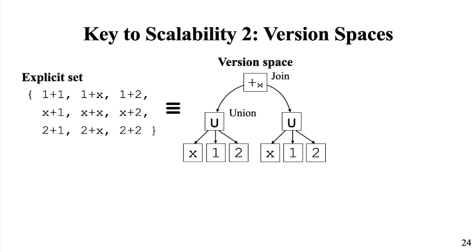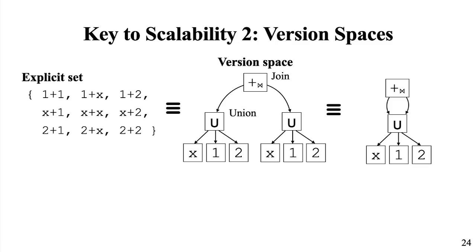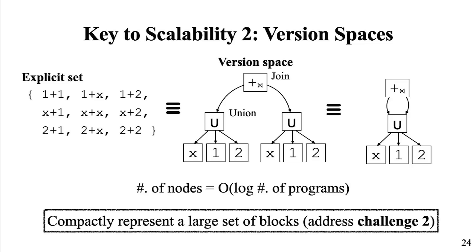This graph represents this set of expressions, and it can be further simplified by removing any duplicate nodes. A version space can represent exponentially many expressions in a compact manner, so that we can compactly represent a large set of blocks, addressing the second challenge.